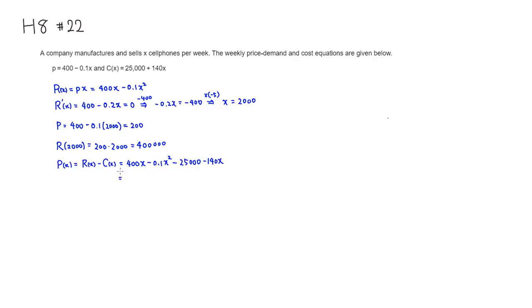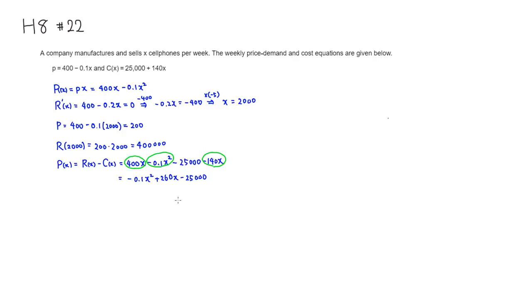I'm going to clean this up a little bit. I'm going to have negative 0.1x squared as the x squared term. The x term would be 400x minus 140x, so it's 260x. Then we have minus 25,000.